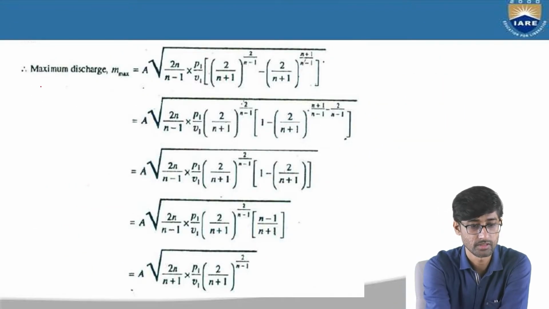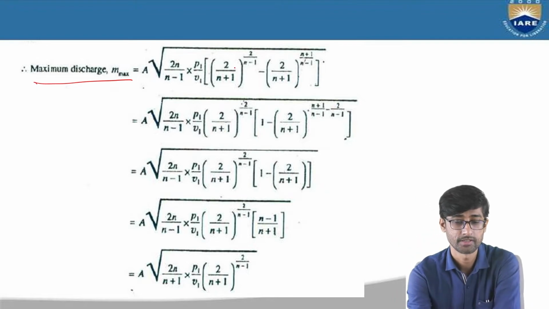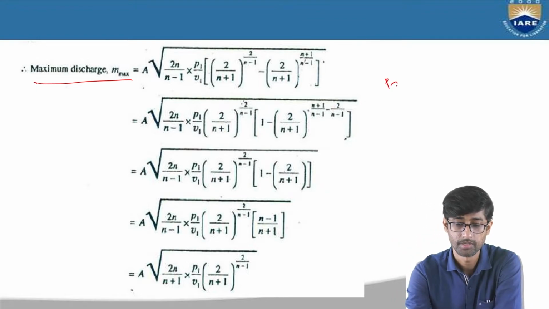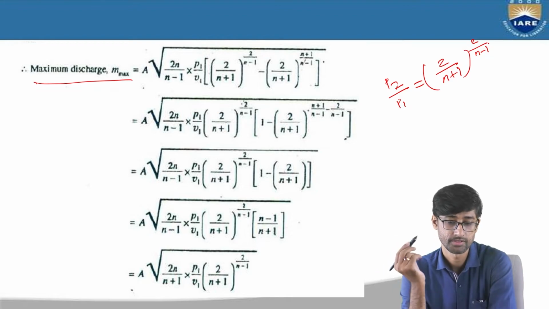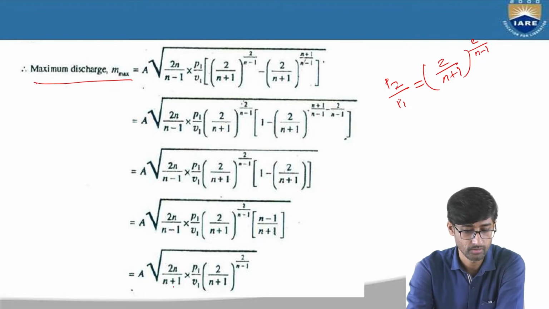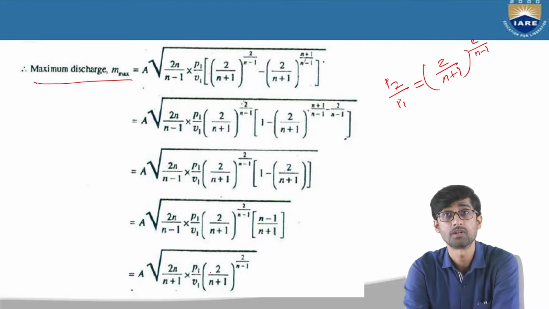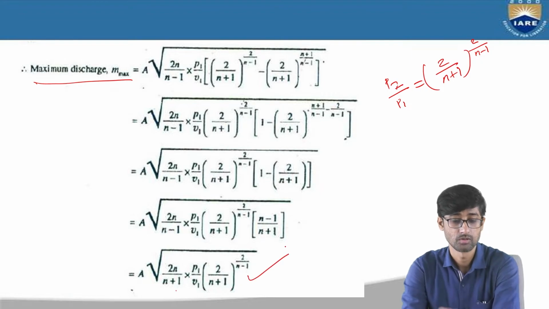If we substitute, this is called the maximum discharge. So that becomes, in place of P2 by P1, which equals 2 by n plus 1 to the power 1 by n minus 1, we substitute, then we calculate the maximum discharge, and this becomes A under root 2n by n plus 1 into P1 V1 whole into 2 by n plus 1 to the power 2 by n minus 1.